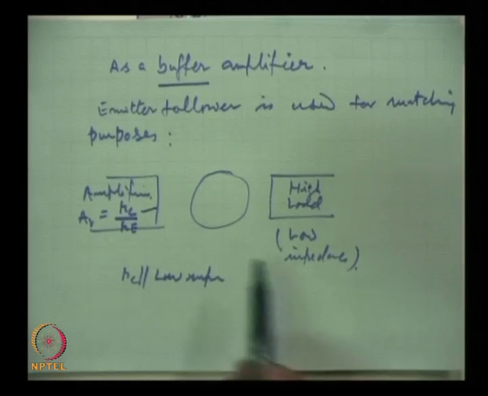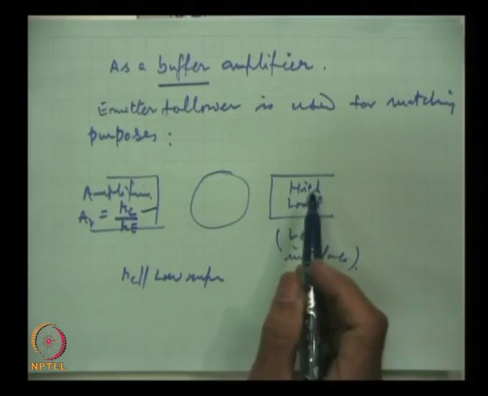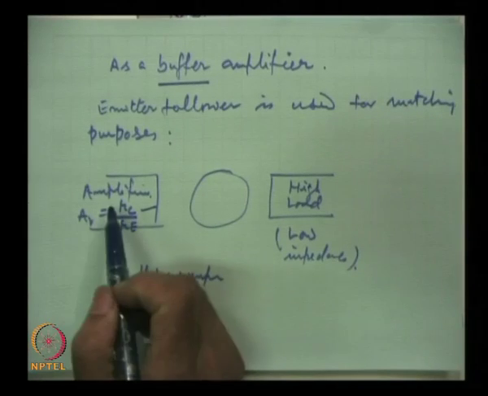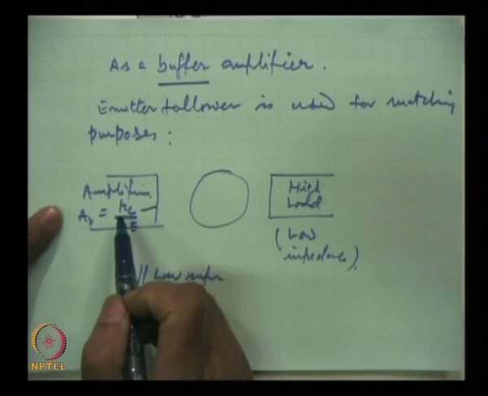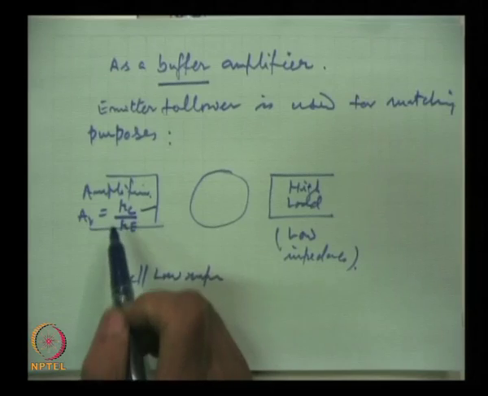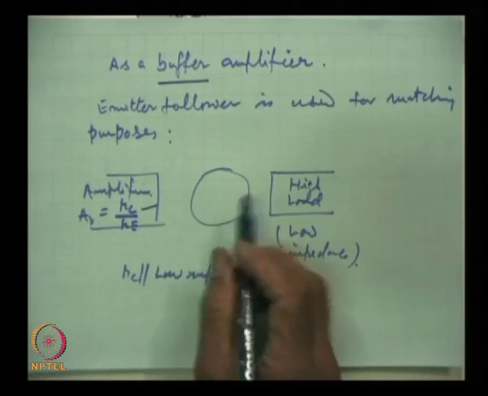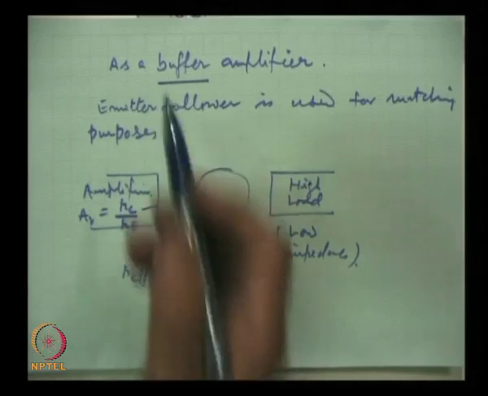So, we can't connect a high load directly to an amplifier which has a high output impedance, but common collector amplifier has a very low output impedance as we have seen.